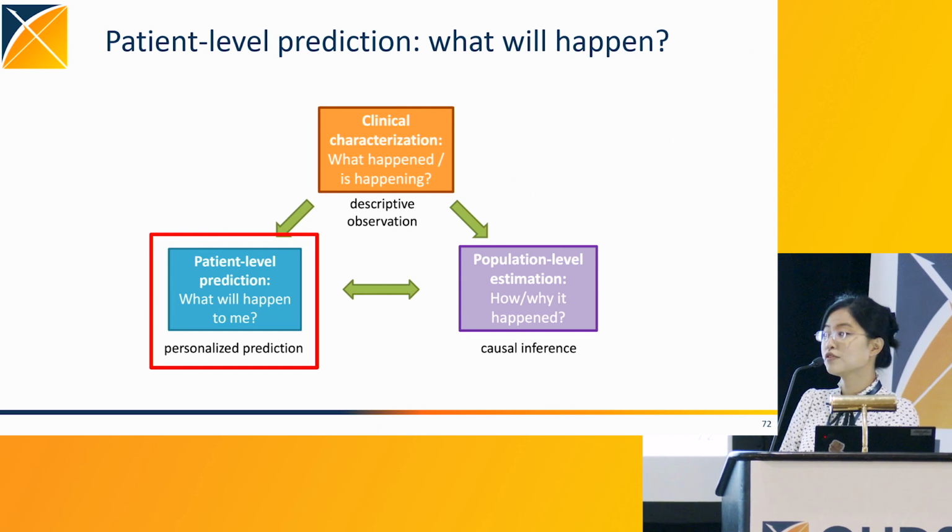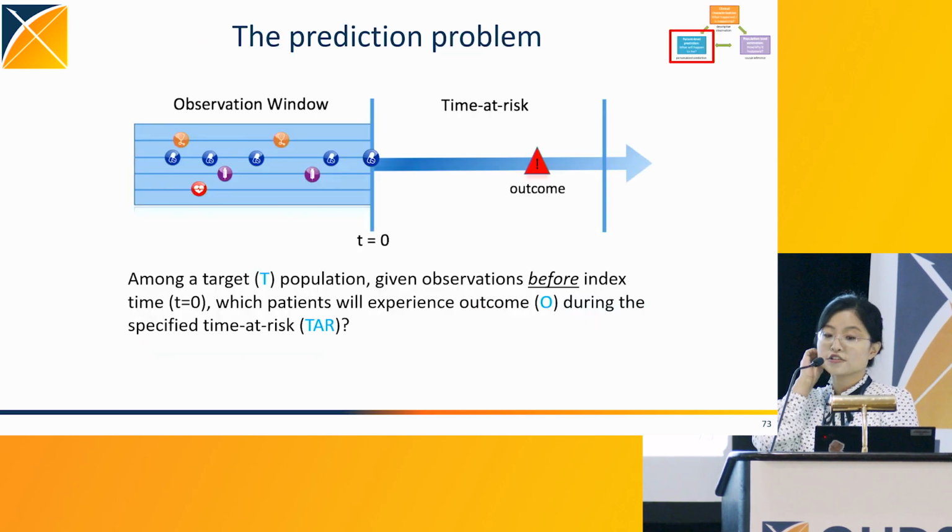So now I'm going to move on to introduce patient-level prediction. As I mentioned, this is about predicting what will happen to an individual patient. So let's go back to that little cartoon picture of the patient journey and abstract it a little bit.